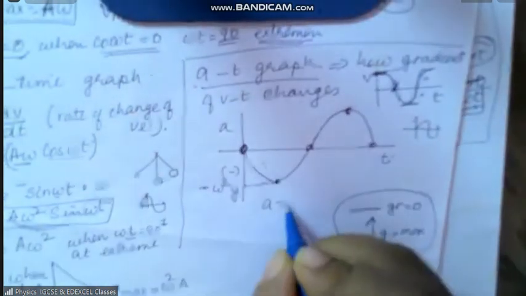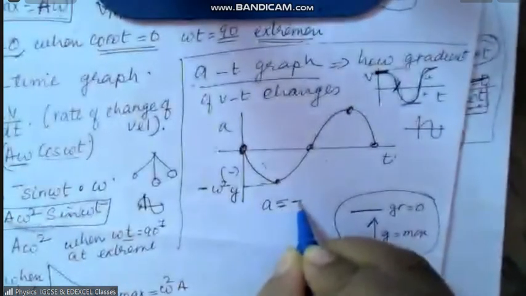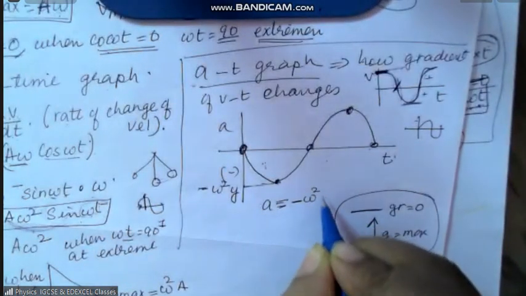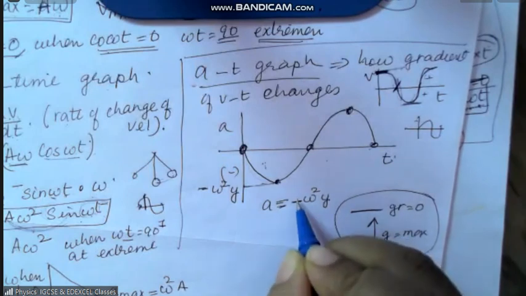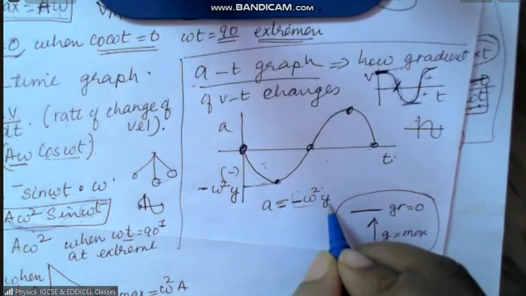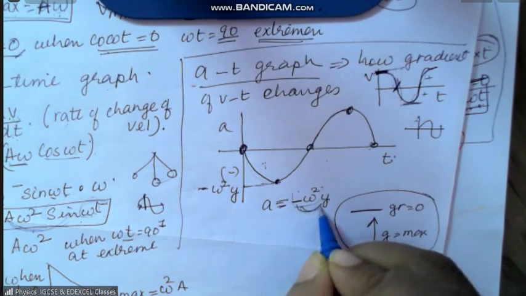So acceleration is equal to negative of omega square y. This is the constant, so it's a negative y-axis.